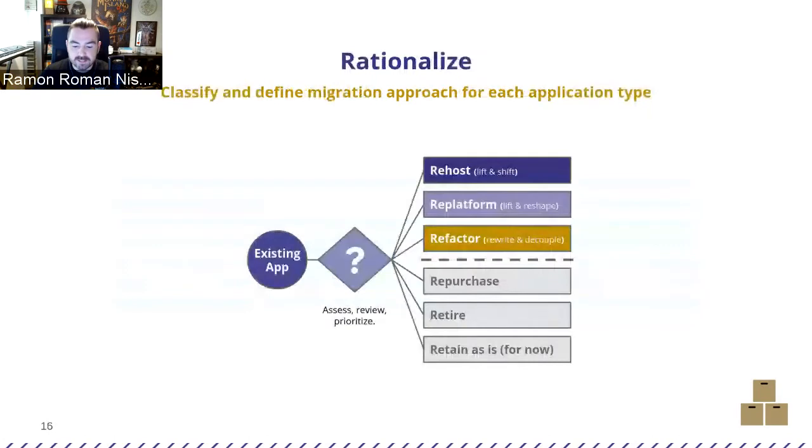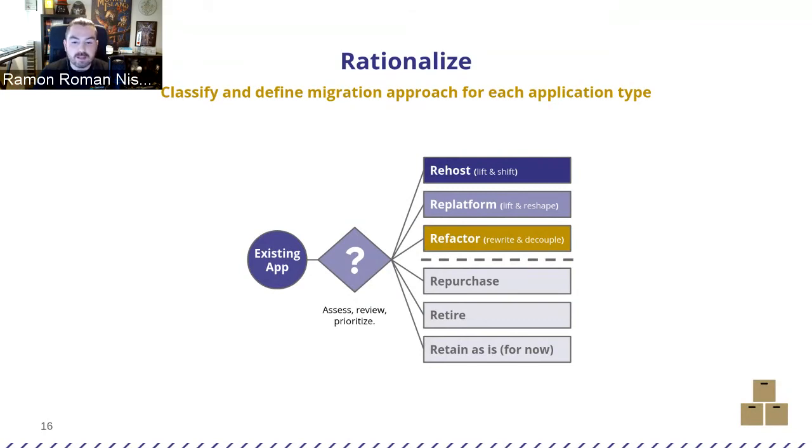And the idea here is, once you have classified the whole application portfolio, typically using criteria like technology stacks or custom architectures being used for each one of the application types, then you are able to make some informed decisions on what is the best migration approach and strategy for each one of these application types.